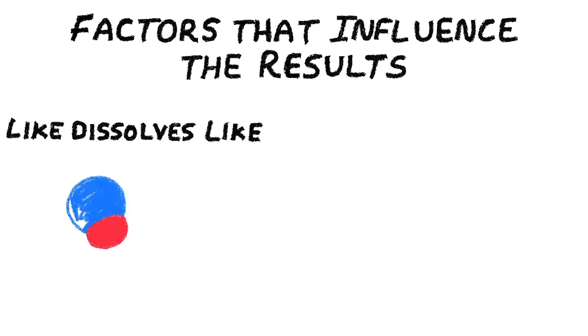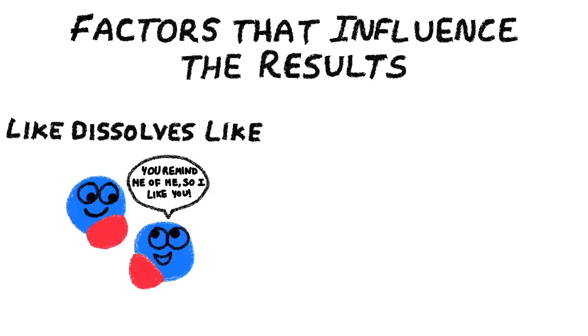Now that we have the experiment set up, let's talk about the factors that influence the results and how to understand them. In this technique, we follow the solubility rule. Like dissolves like. This rule means that compounds with alike properties will enjoy being with each other more. The silica gel plate is highly polar, and the mobile phase is less polar, and the compounds will have varying unknown polarities.